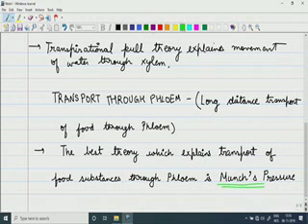Munch was a scientist. Munch's pressure flow hypothesis.